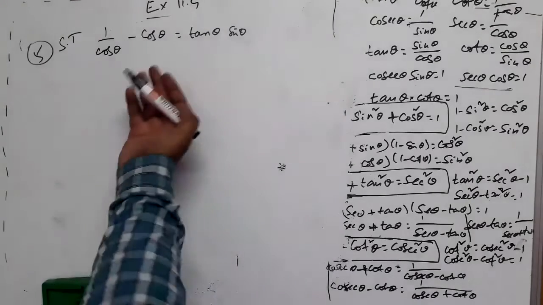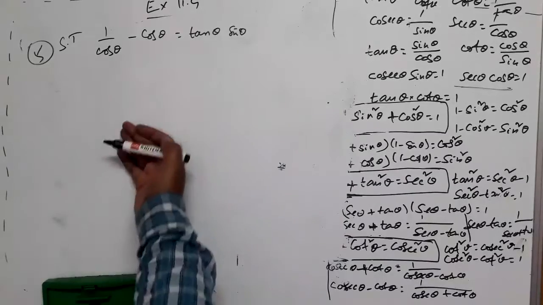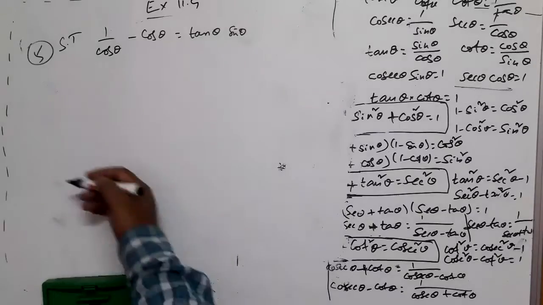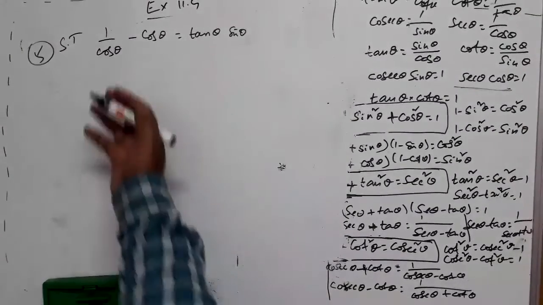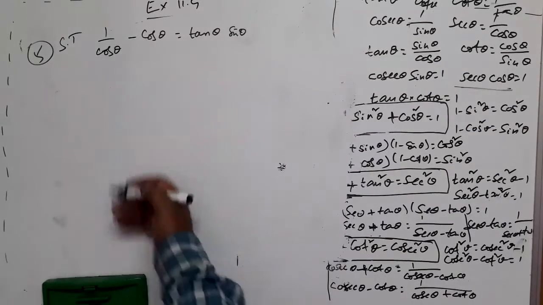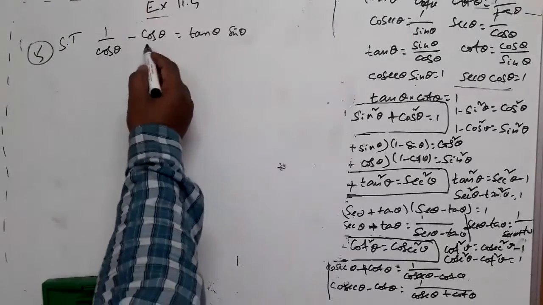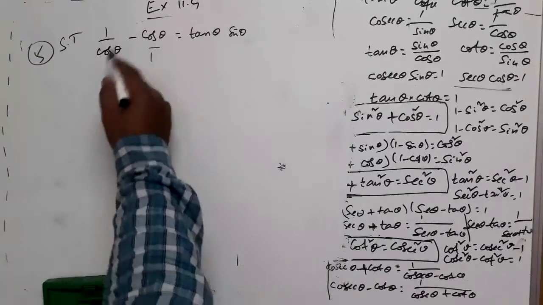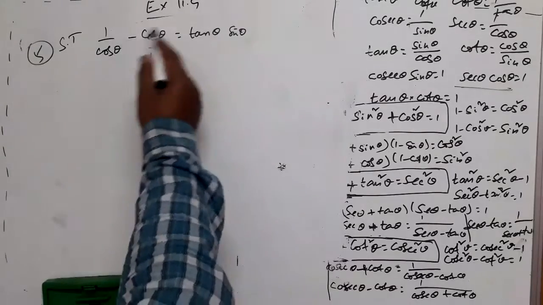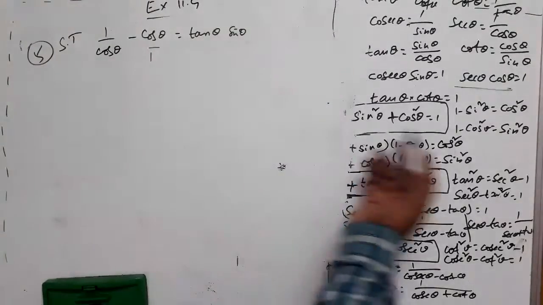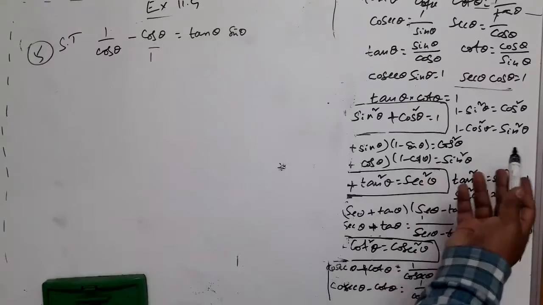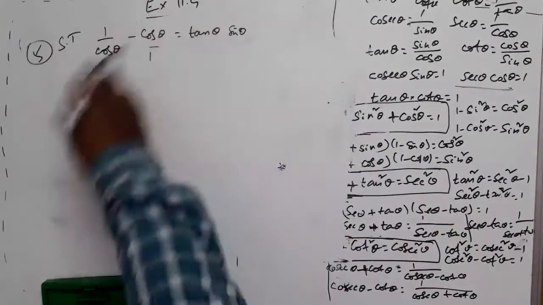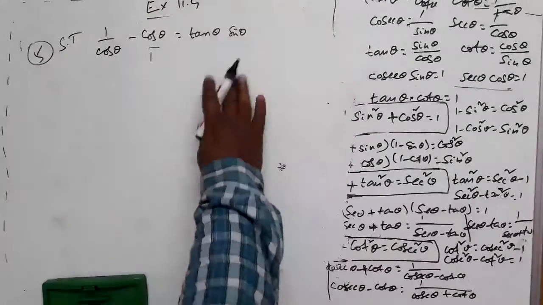Here also let us start at the left hand side and bring the RHS. Why? Here a difference of two terms is there, on the right a product of two terms is there. You don't want this difference. If you take the LCM, it will be cos theta and the numerator will be 1 minus cos theta into cos theta, that is 1 minus cos square theta, but 1 minus cos square theta can be written as sin square theta. So this will be converted to sin square theta by cos theta.